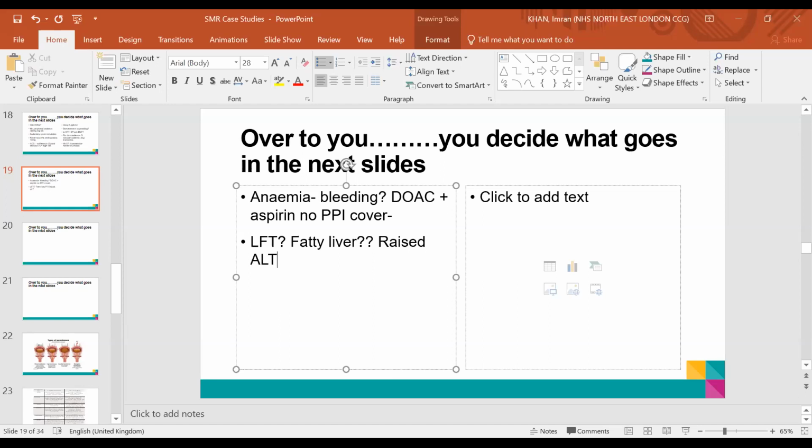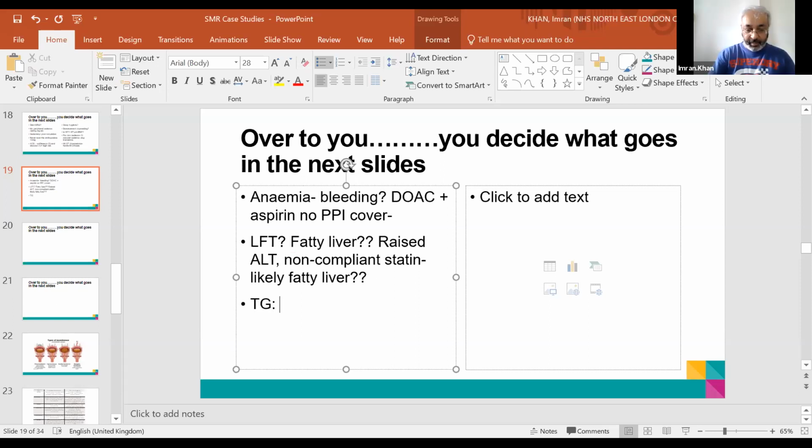She's also quite non-compliant with her statin from her EMIS usage or her prescription usage, which probably makes it even more likely it's a fatty liver rather than the statin raising the ALT, which can also happen. What was her triglycerides like? Raised, 3.3 or something like that. That's total cholesterol, 4.4, right? Yeah.